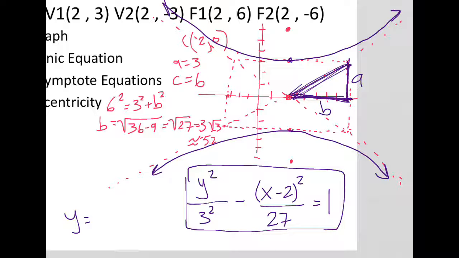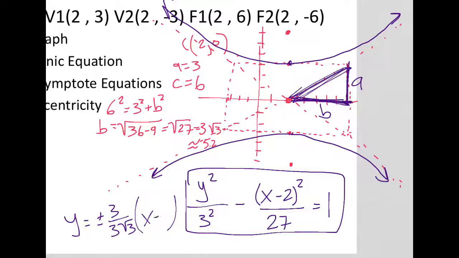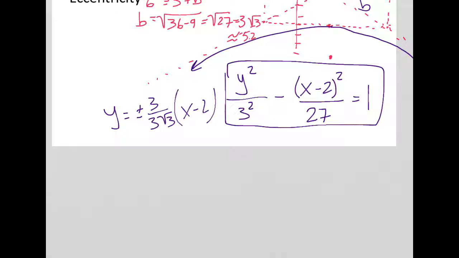So now we need plus or minus a over b, so 3 over 3 root 3, which I can simplify and rationalize if you want, but for now I'm just going to write it down, and then we have our x minus 2. And again, you could put it into y equals mx plus b form, which it is, but unsimplified.